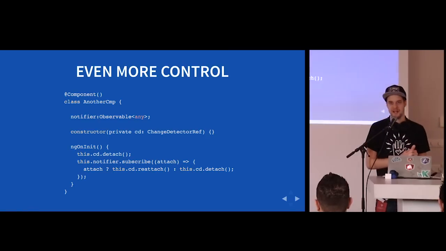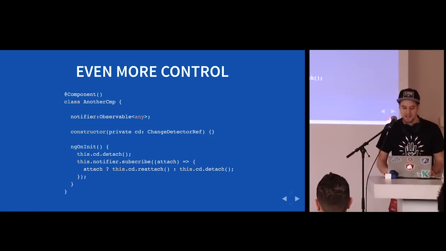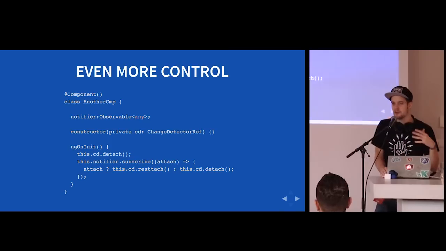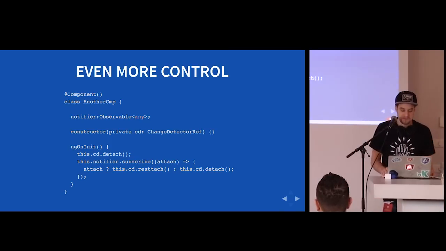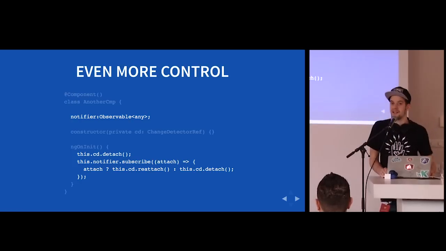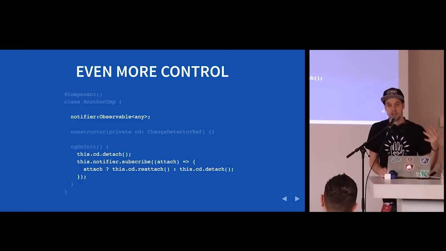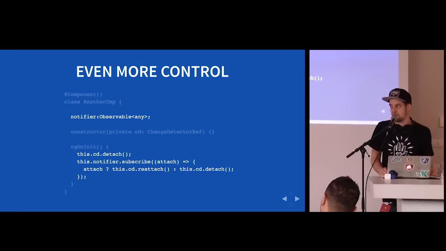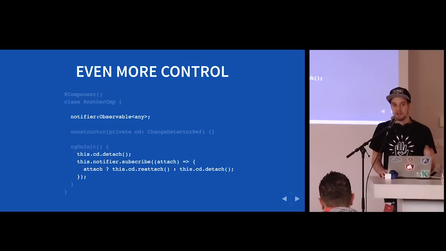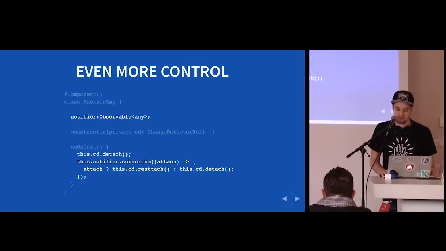Because that slows down your application. It has to check over and over and over again. So that's a moment where you might want to control that yourself. You want to control when change detection is being performed. So what you can do is detach your component's change detector reference from the entire subtree, and then reattach it when you think it's appropriate. So you have full control over that.